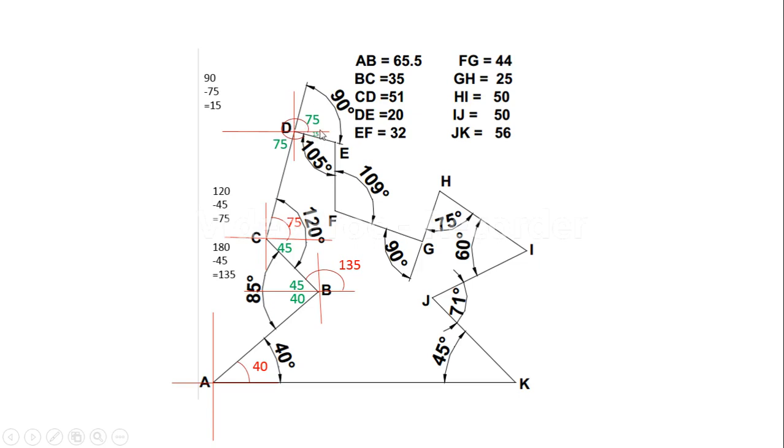This portion is 15, so I should remove 15 from 360 to get this angle. 360 minus 15 is 345. So the angle is 345.